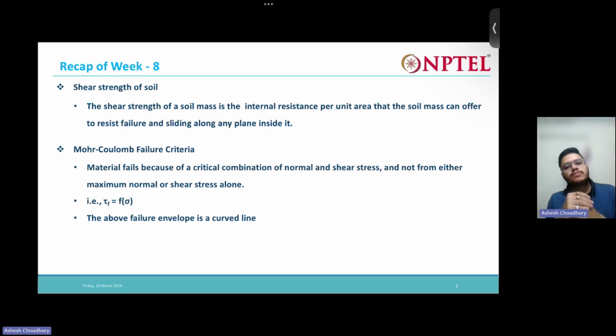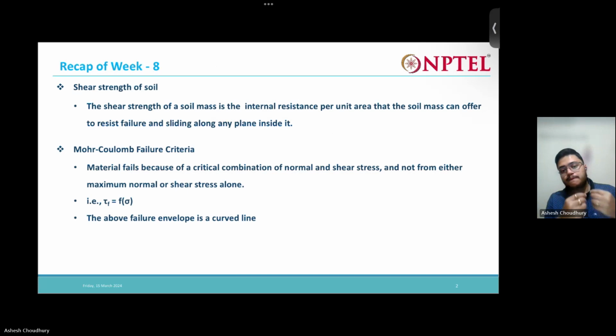Generally in a soil mass there is a weak plane, a plane of least strength, the weakest plane. Along that plane the soil mass actually fails.